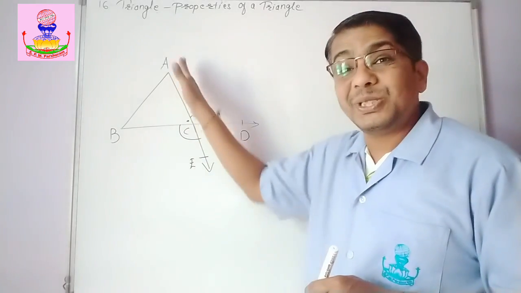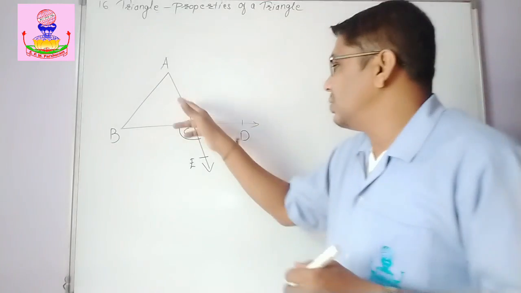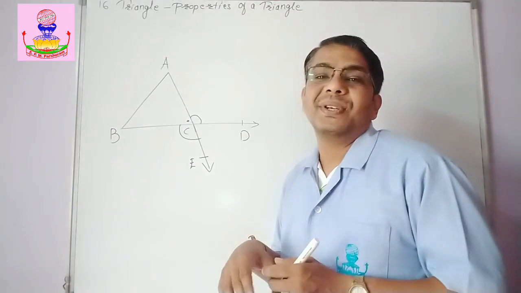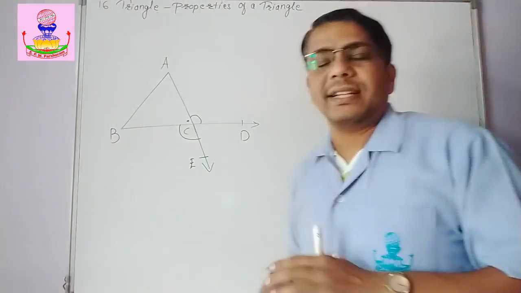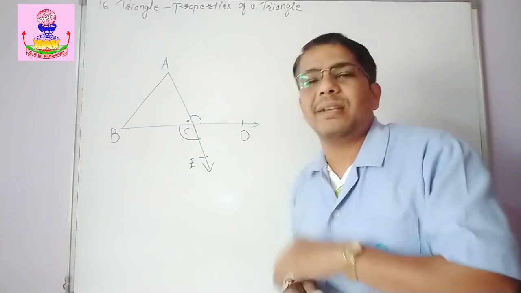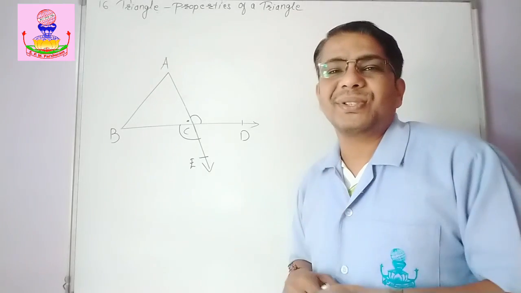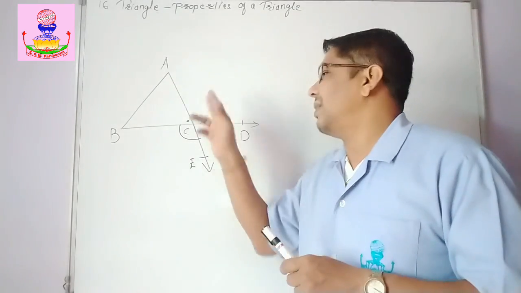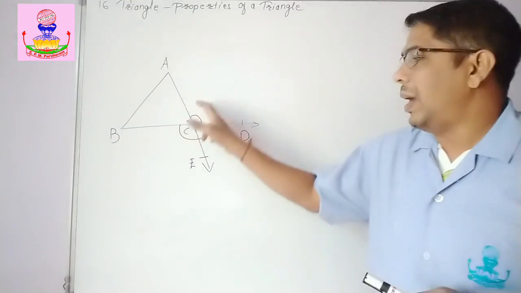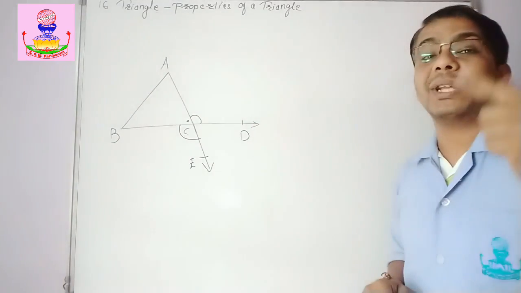Are they in linear pair? Yes. These are the opposite rays. So both of these are linear pair. So at one angle of a triangle, you always get two exterior angles. And both these exterior angles, mind it well, are always congruent. They have to be because they are vertically opposite. So two angles at one vertex.